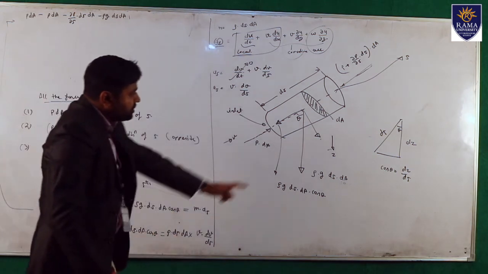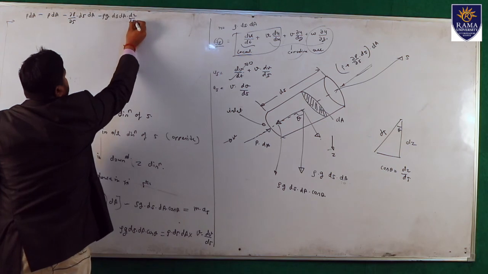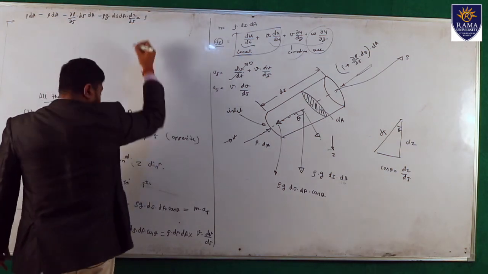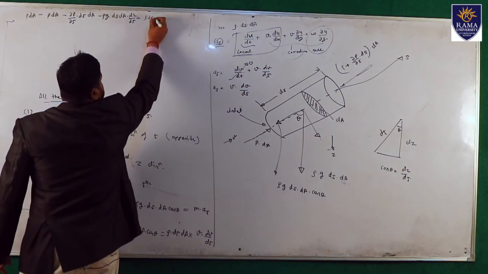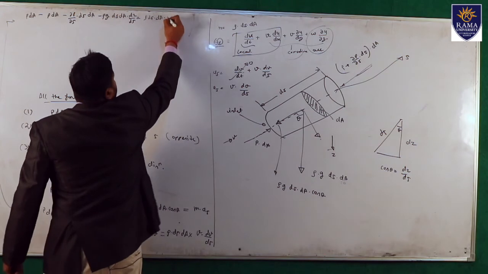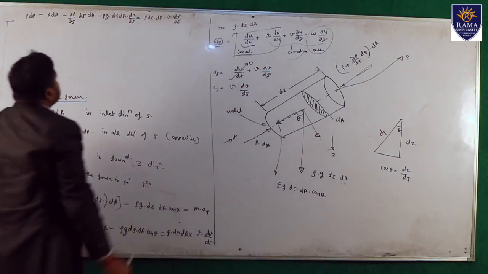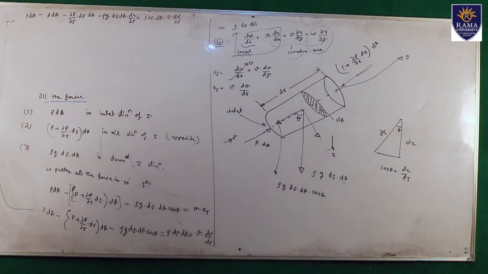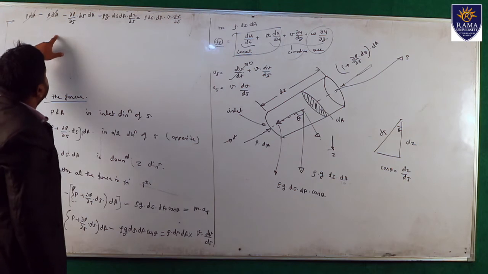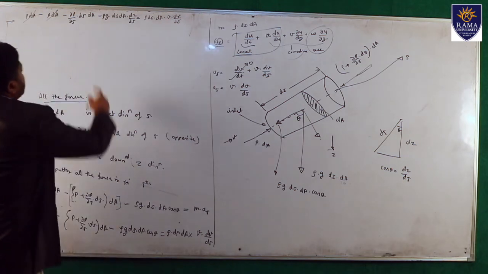We can put the cos theta value as dz upon ds, equals rho ds dA into v dv upon ds. Okay, so you can see there are a lot of components we can cut. First, this one component can cut, and another thing we can divide by rho g dA, rho ds.